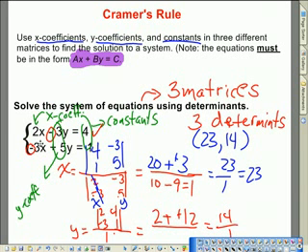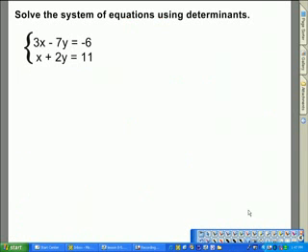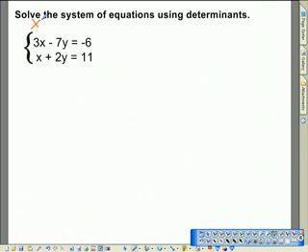It seems like a lot of steps. I know it does. It seems like a lot to keep straight. But it's really not that bad once you get used to it. I hope somebody has thought of this by now. What would be one of the most important things to be sure of? Well, as I look at this, I think one of the most important things to be sure of would be that I have my x first, my y here, and then my constants right here, my numbers.